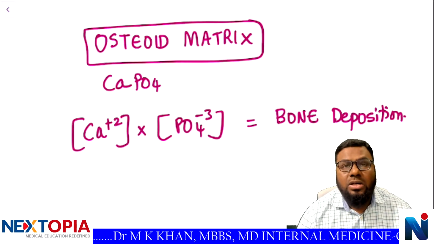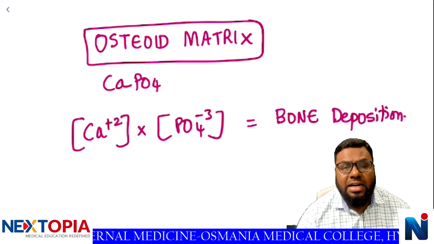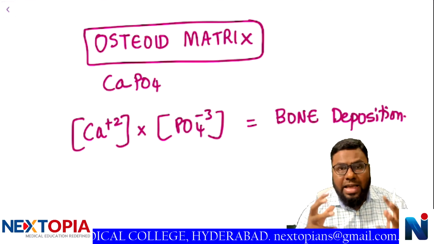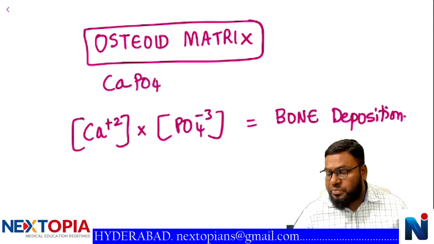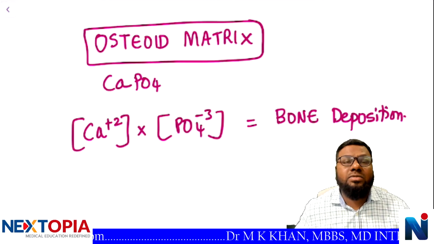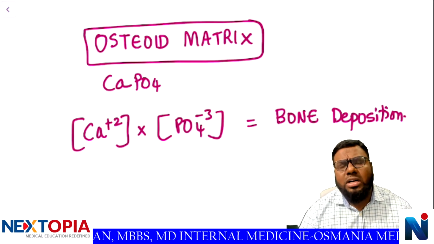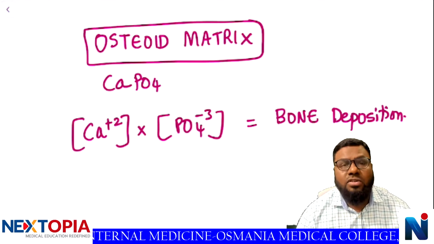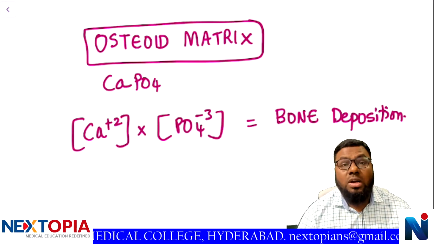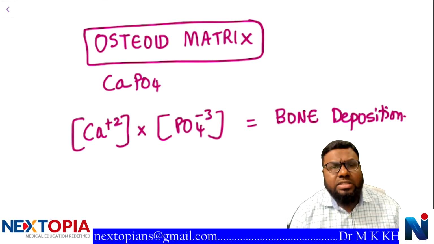It means that the consolidation or solid form of bone, the bone is laid down based on the solubility product, whether calcium and phosphate can intermingle with each other or not, can be soluble or not. Under normal conditions, what happens? The product of calcium and phosphate is termed as solubility product.